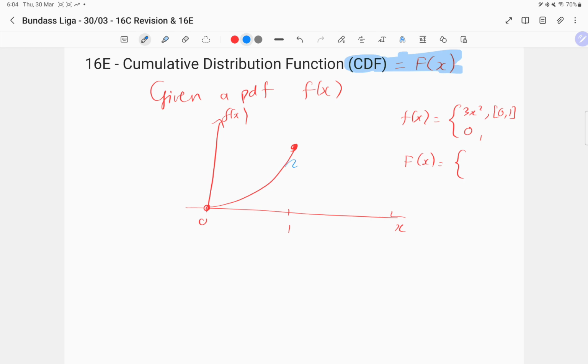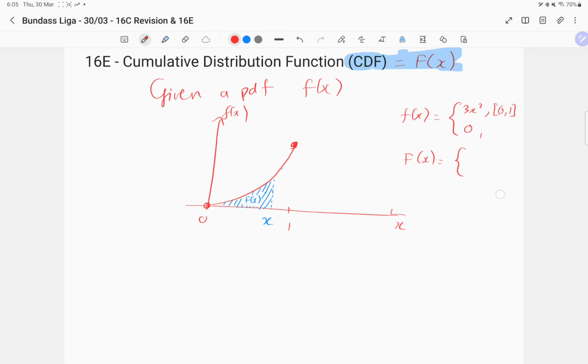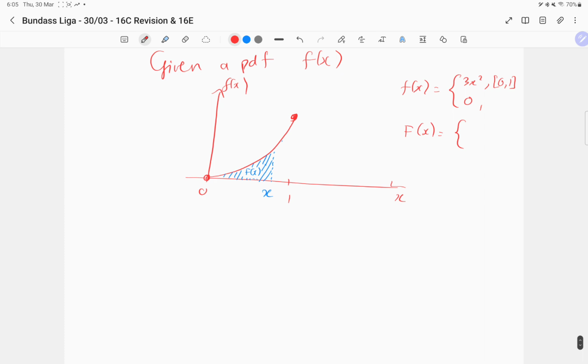Now what's the CDF? The CDF is the idea that if you have up to a certain x value here, the area from the left all the way to that x value is the cumulative distribution function. Now, what's the notation then? Big F of x would be whatever we can find up to this x value. So the actual formula looks something like this.